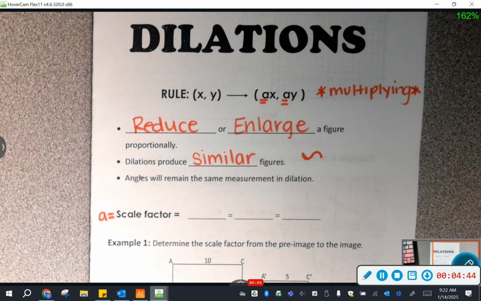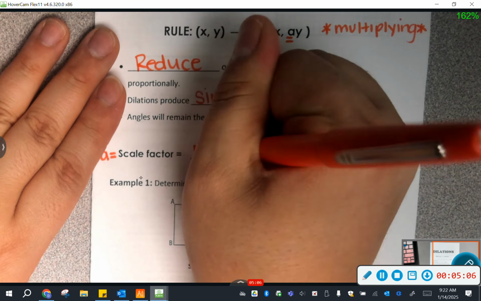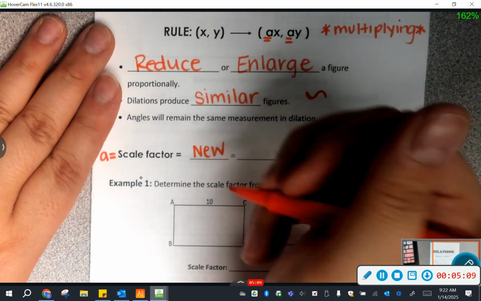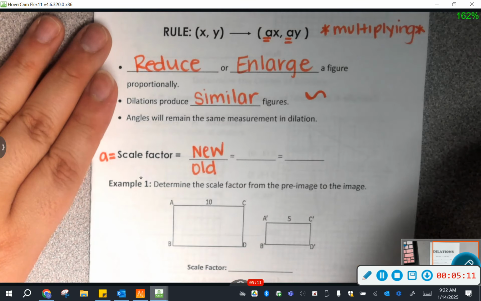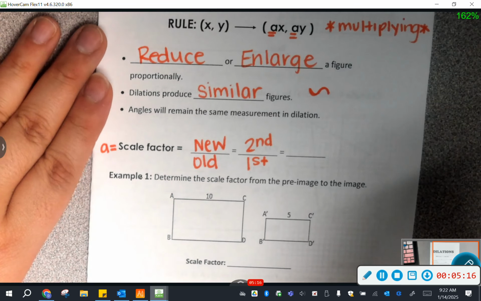Does anybody remember how to find the scale factor? We learned this in December. Something over something. Not rise over run. I gave y'all a little something over something to remember. New over old. Or you could put second over first.